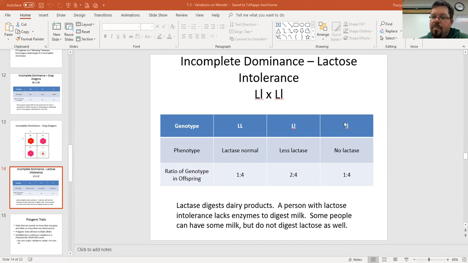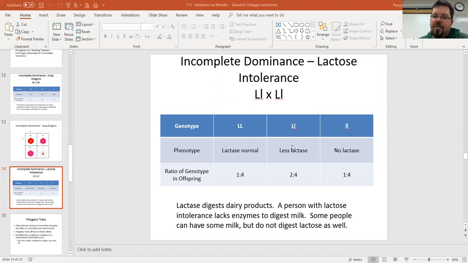Those that have inherited both of the recessive alleles would not be able to digest dairy products and the lactose in them at all. Consequently, it can lead to some digestion issues, so they have to avoid dairy at all costs, sort of.